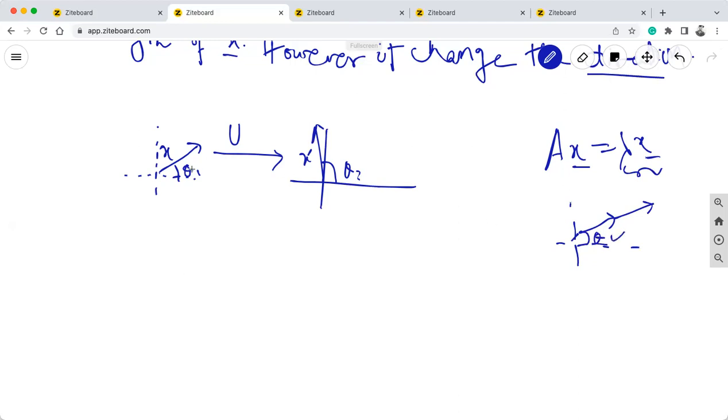But with a unitary matrix, the theta is changed but the length is constant. This is the key difference in multiplication with a unitary matrix and the eigenvalue problem. Some more characterizations we will see for unitary matrices.